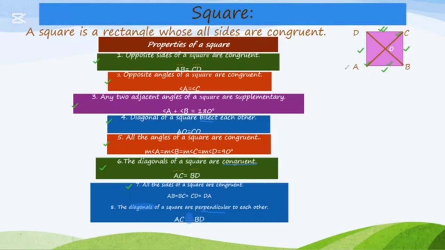So you have to learn these properties properly. The properties of these quadrilaterals are given in your book on pages 166, 167, and 168. So learn these properties properly, learn the definitions properly.